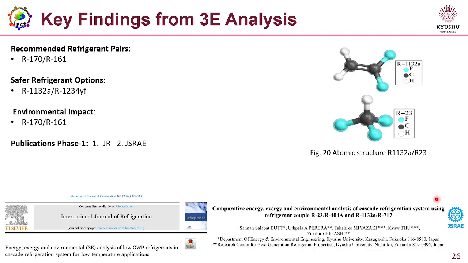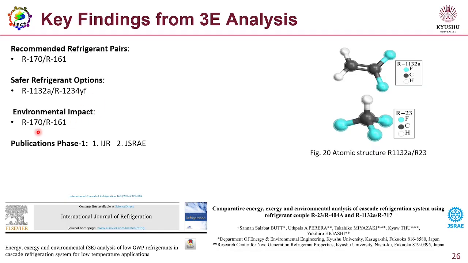So the key finding was that R170 and 161 is the recommended refrigerant pair. But if we want a pair which has less flammability, then we can also use R1132A and R1234YF, which also has comparable performance.